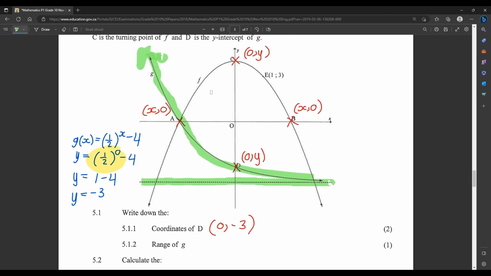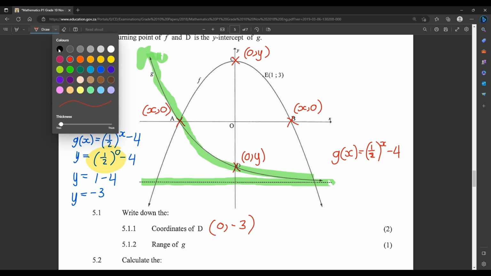So what we're going to do is look back at our exponential function, because that is this g again. And in an exponential function, if I just write it here so we can see it, g of x is equal to (1/2)^x minus 4.